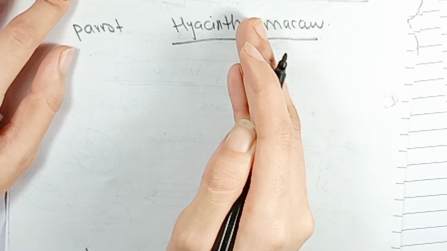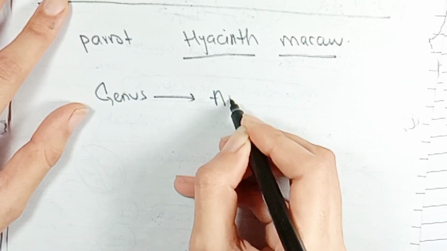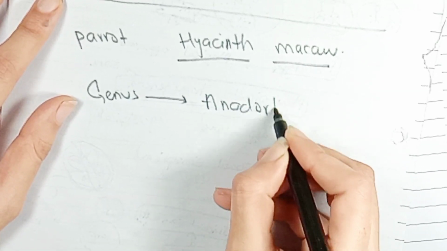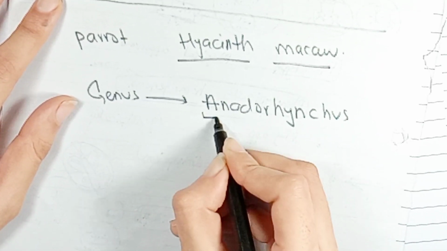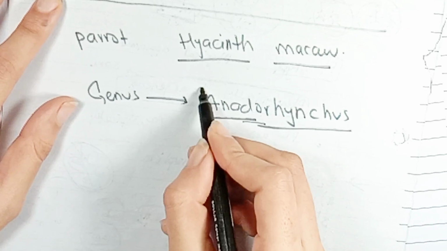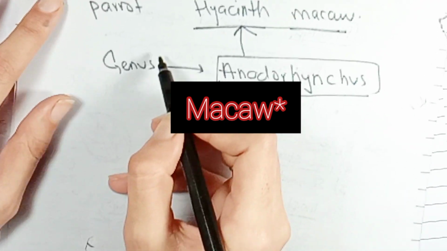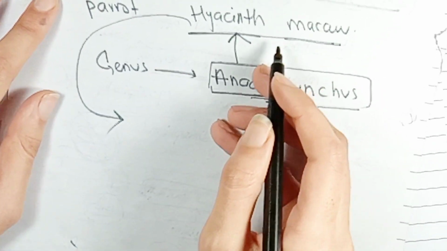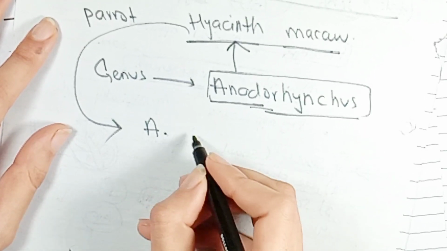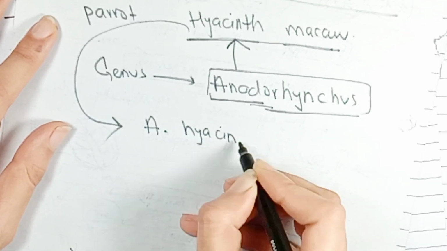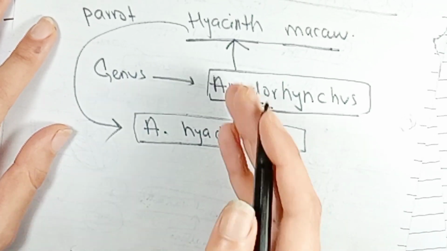It belongs to the genus Anodorhynchus, and this genus has only one single species, a monotypic species, known as the hyacinth macaw. The scientific name of this parrot is Anodorhynchus hyacinthinus. Now I am writing only A for Anodorhynchus. This is the only species included in this genus.